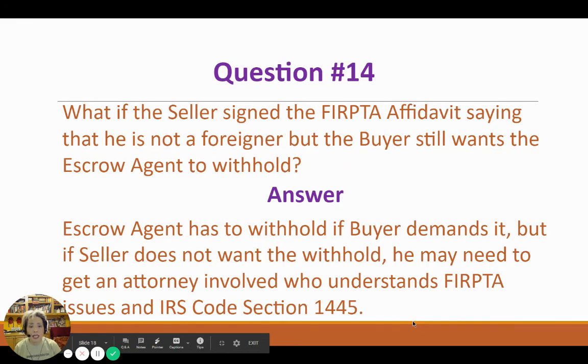So if the buyer says, I don't care, I want you to withhold, the escrow agent has to withhold if the buyer demands it. But if the seller has a problem with this and does not want the withhold, this is when the seller may need to get an attorney, one who is understanding of the FIRPTA issues and the IRS Code Section 1445 to represent him and negotiate with the buyer.